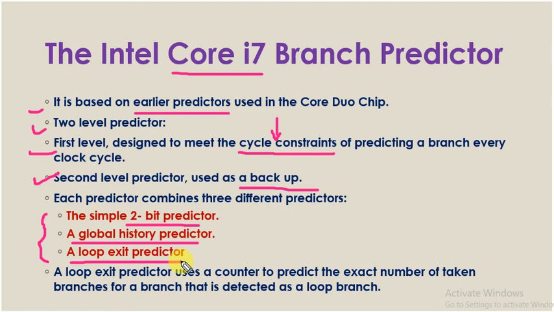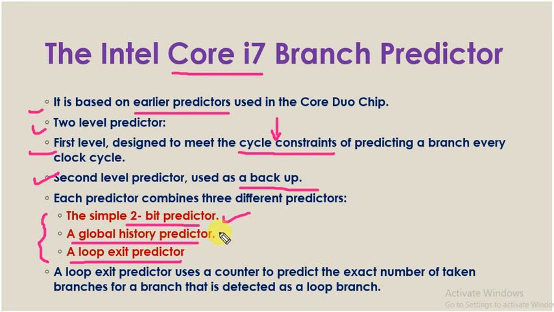So for different processors there will be different prediction mechanisms available. Considering branch prediction in the Core i7, it uses a simple 2-bit predictor.